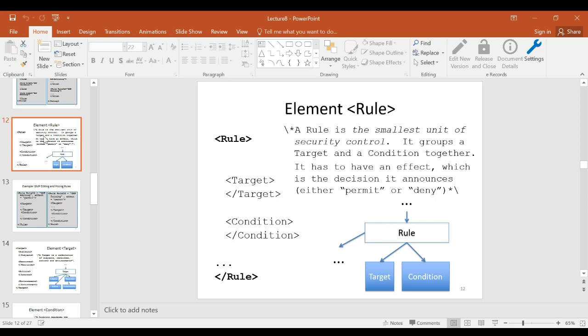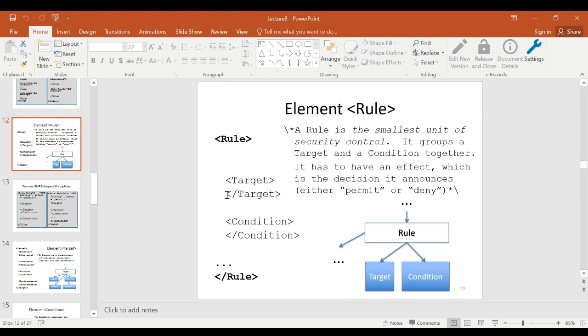That's the smallest unit of security control. You cannot break a rule down into a set of other smaller components. It does have within it other components, but they all have to come together in order for you to define what a rule is.